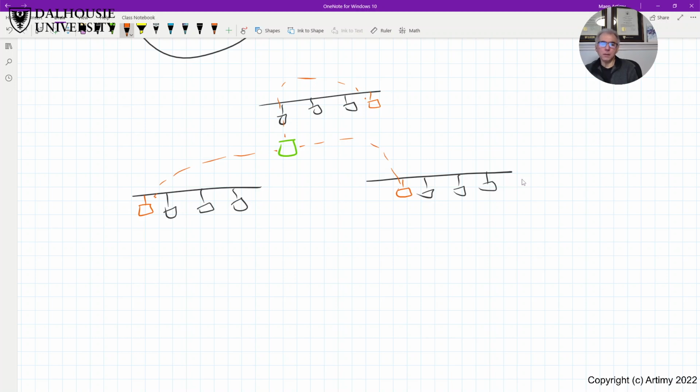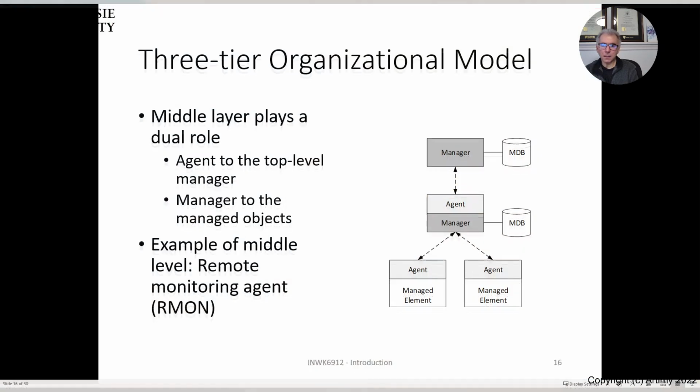So one of the protocols that we will look at is called RMON, and it works in the same way, right? RMON is not an OSI model; it is actually part of, or an extension to, the SNMP protocol, but it works as an example here.